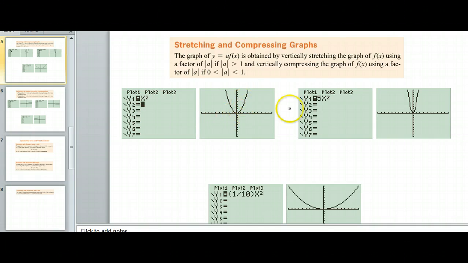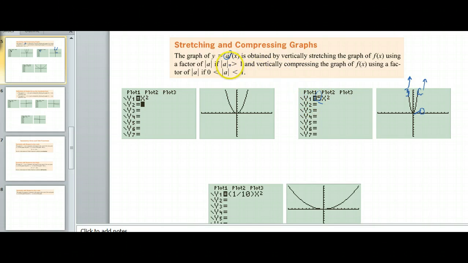If I just take that function and multiply it by 5, it's like I'm putting a nail in the vertex. So there's my nail, and I'm grabbing hold of the ends and I'm pulling them upward. So there's my hands pulling the graph upward. So it's a vertical stretch of this original graph. Alright, so the y values are higher than they used to be by a factor of 5. So that's what this is saying. The graph is vertically stretched by a factor of, in this case, a is acting like 5.